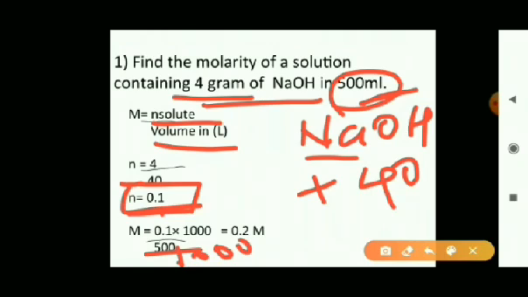When this denominator goes up, it becomes 0.1 into 1000 divided by 500. So 500 ones are 500, 500 twos are 1000. So 0.1 into 2 is equal to 0.2 molar. So here we got the molarity, 0.2 M. Understood or not how to find the molarity?